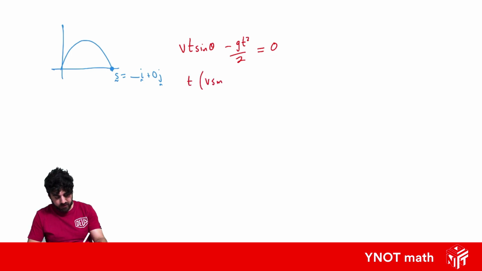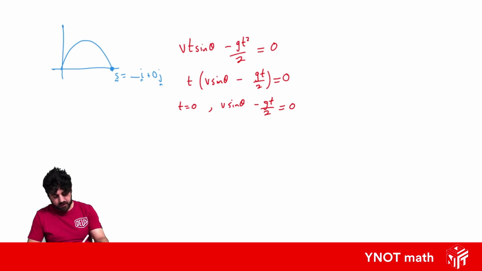So we have t times (v sine theta minus gt over 2) equaling 0, which means t has to be 0, or v sine theta minus gt on 2 has to be 0. It makes sense that t is equal to 0 because at the beginning it's also on the x-axis. So that's that solution there.